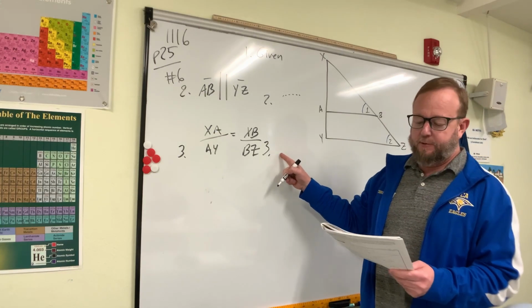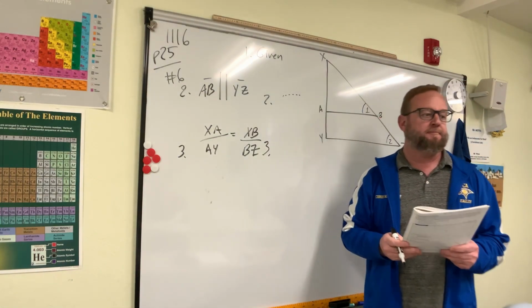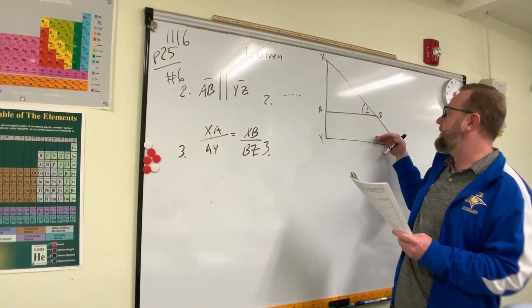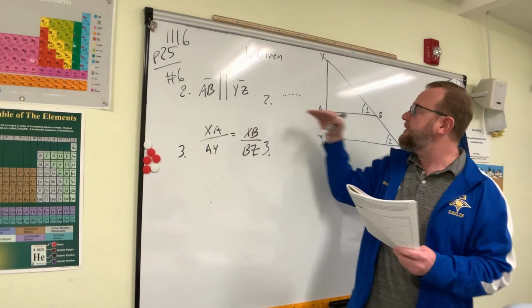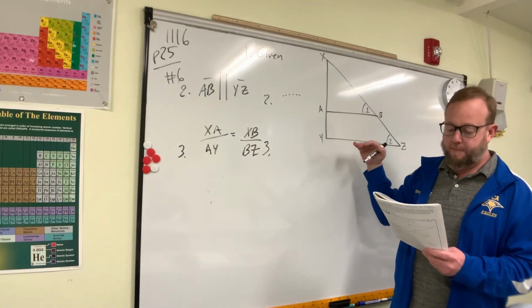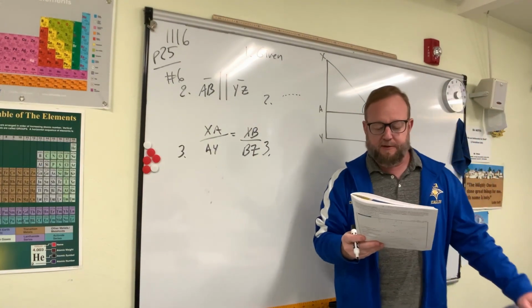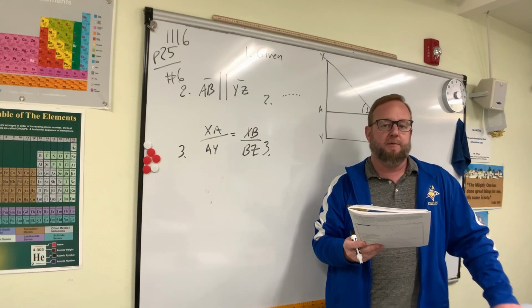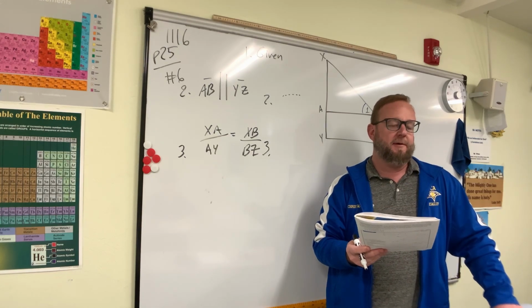For reason number 3, what would I say? Because I now have what I was given, that these two angles are congruent, I now know these two are parallel. Is there a theorem that has to do with parallel lines with triangles? And what is it?